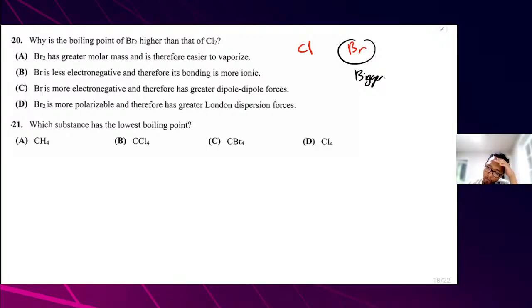Electronegativity from left to right increases, and from top to bottom decreases. So Br is less electronegative. So this one is incorrect.